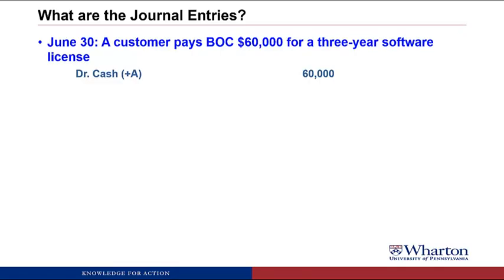But BOC hasn't delivered any of the software yet, so they can't recognize revenue. Instead, they have to create an obligation or a liability for their responsibility to deliver the software over the next 3 years. So we create a liability with a credit unearned software revenue for $60,000.